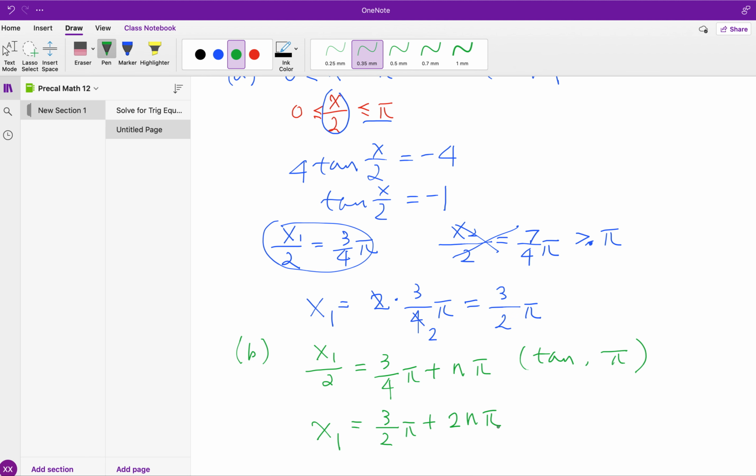Again, I want to point out that if you already have x1 here, this one and this one are the same thing. Only the general form, whether by pi or by 2n pi, these ones are changing.